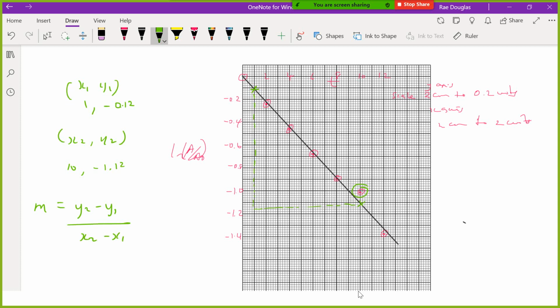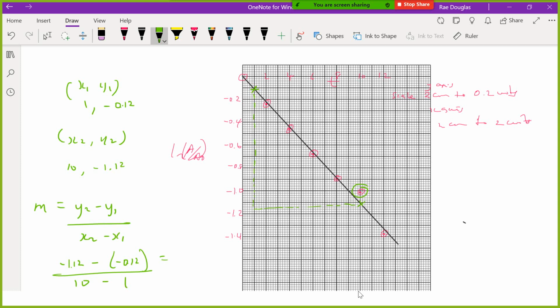So my y2 is minus 1.12 minus, put a bracket here, my y1 is going to be minus 0.12. Divide that by x2, which is 10, minus the next value here, which is 1. So we'll go ahead and do the mathematics here.